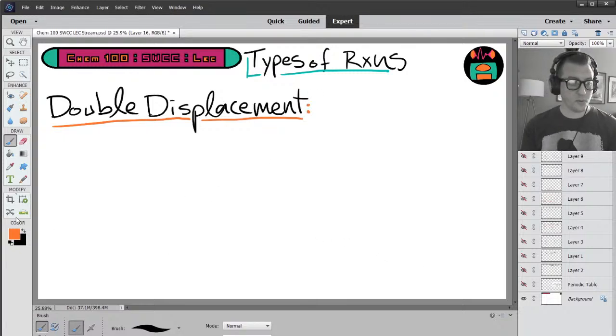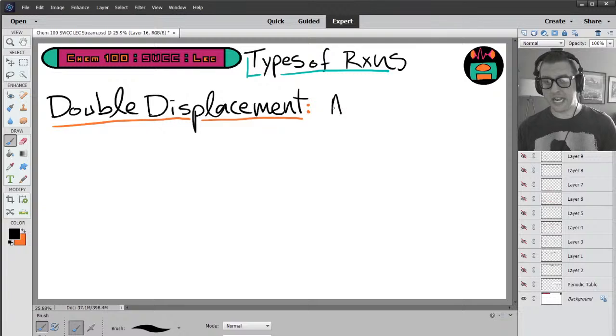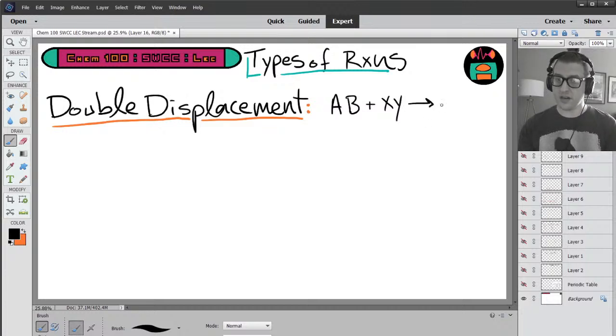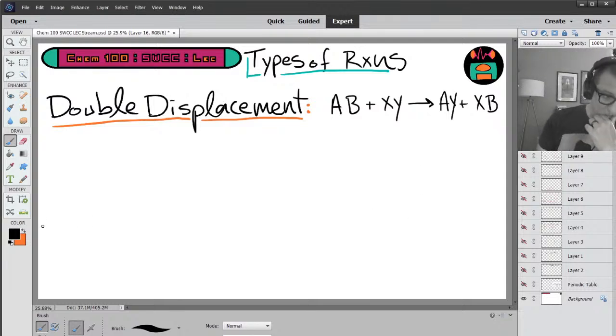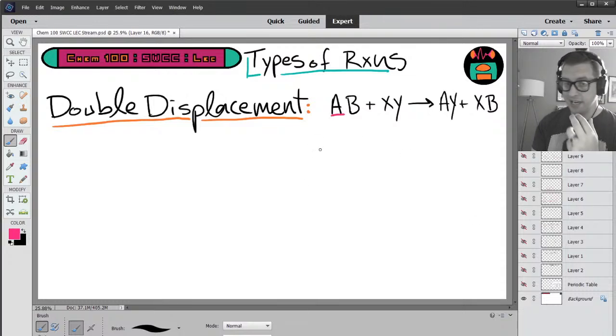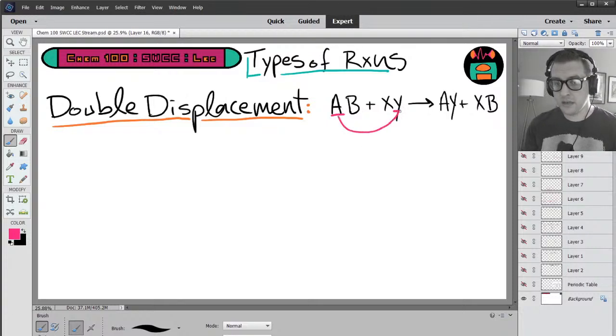What you have is A and B paired together, plus X, Y, and the products are A, Y, plus X, B. What happens in a double displacement reaction is the first cation will grab the second anion, so you end up with AY, and then the second cation will grab the first anion, and you end up with XB.